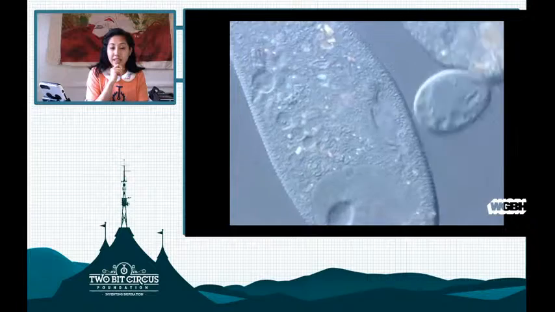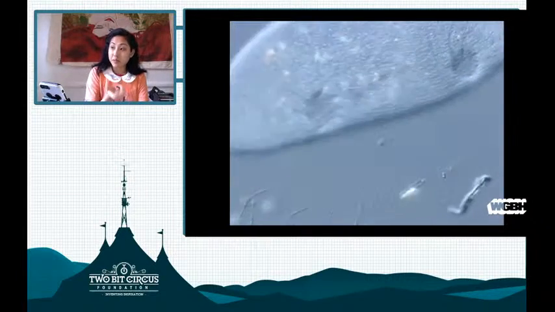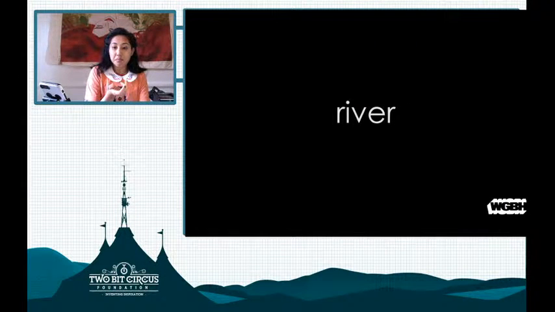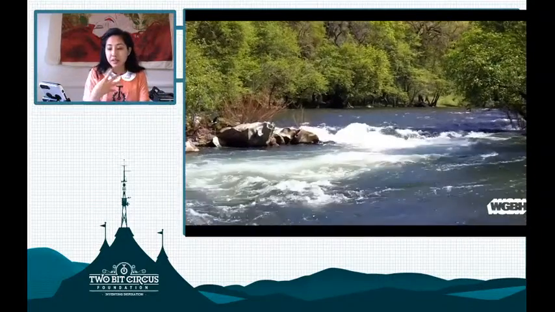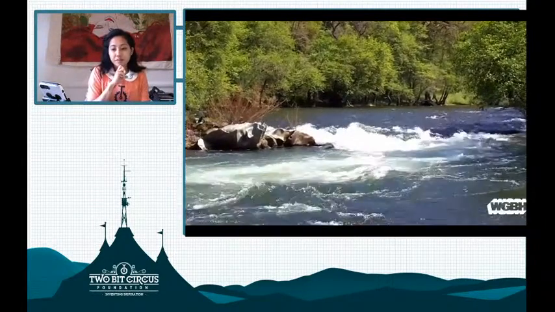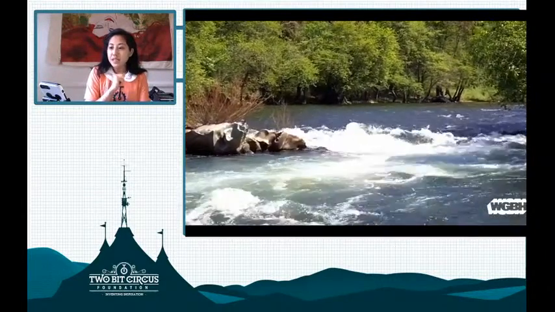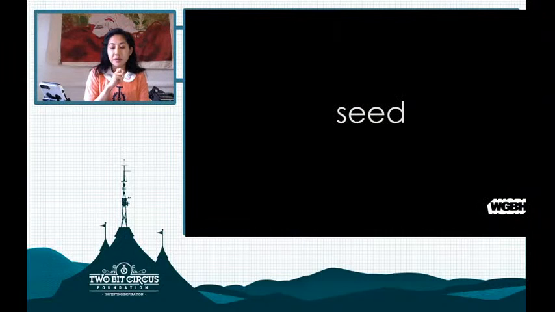And it is the basic building block of a lot of different things. So a cell is definitely living. A river, okay. Well, so far, most living things are moving, correct? But a river, I don't think is living. I think that's non-living, even though it's moving.